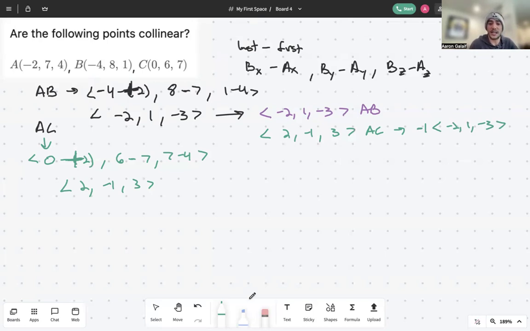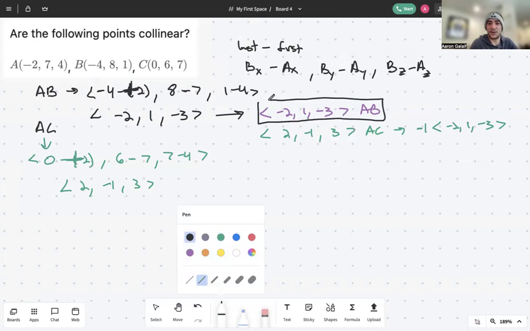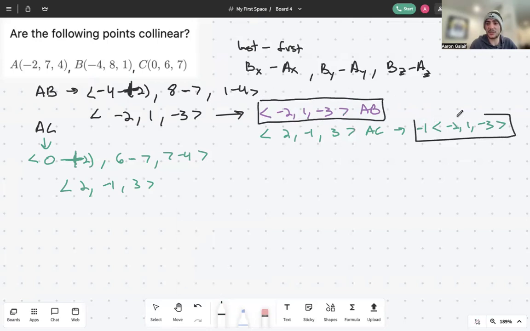So since this vector is now the same as this, just with a different scalar, therefore, they're parallel. Since AB and AC are parallel, we can say the points A, B, and C are indeed collinear.